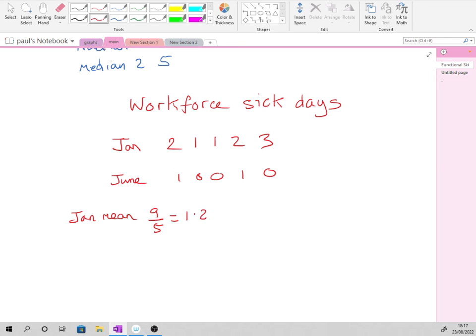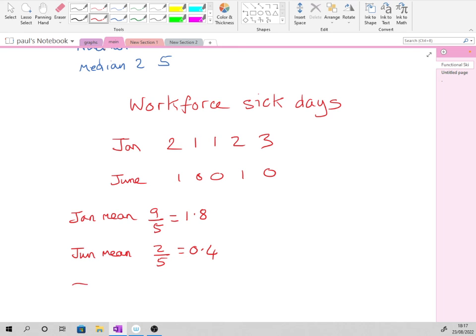So you've got a mean average of 1.8 sick days in January, and the June mean would be 2 divided by 5, which is 0.4. So you can say that, on average, we've got more sick days in January than we would in June, probably because everybody's got a cold and don't want to go to work because it's dark and things like this. So yeah, you can use the mean.